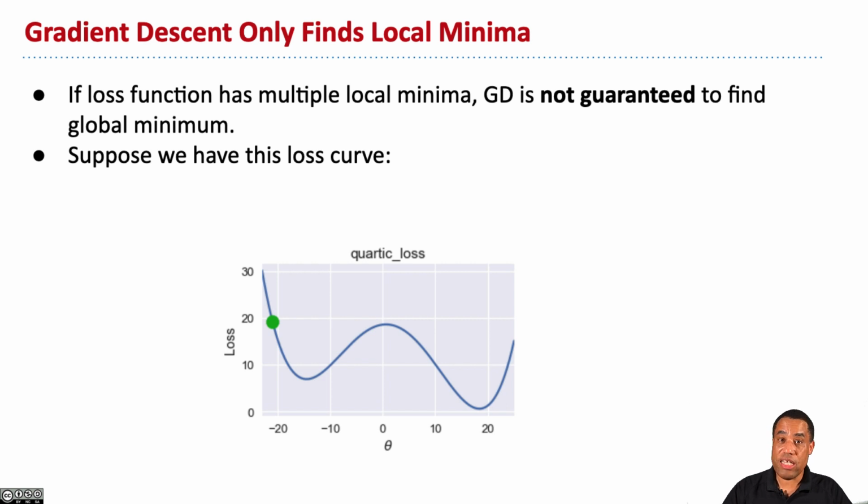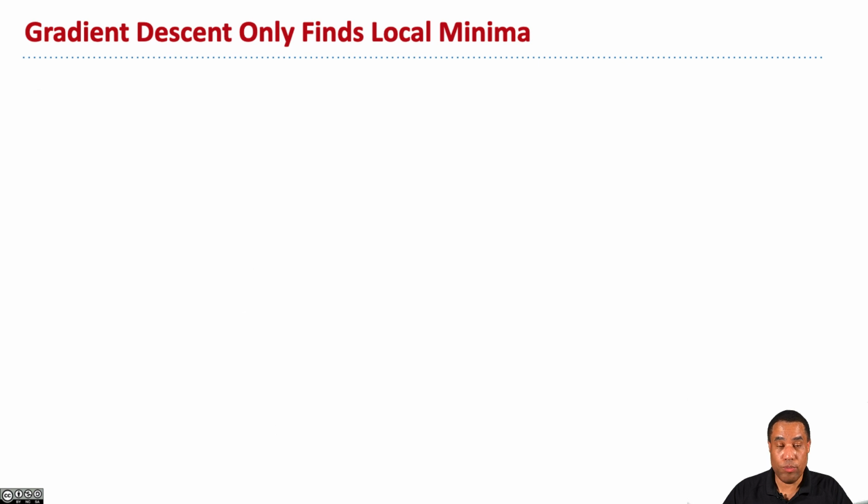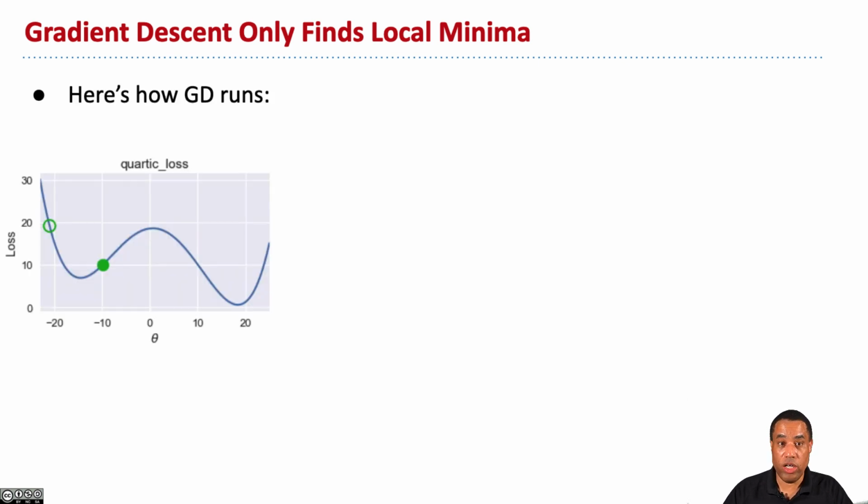Now, gradient descent only finds a local minima. If the loss function has multiple local minima, then gradient descent is not guaranteed to find a global minimum. Now, let's suppose we have the following loss curve, this quartic loss curve. You can see that we have multiple local minima. Now, let's say we start with that initial green point as our initial starting point, right? And so let's look at how gradient descent might run on that.